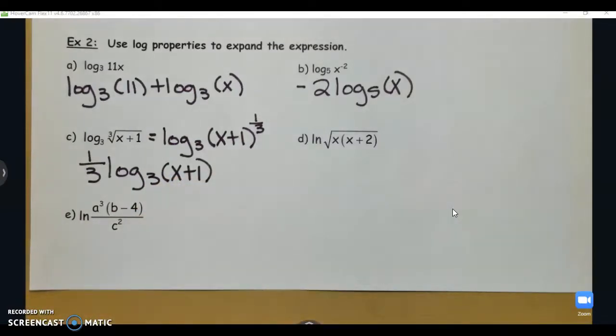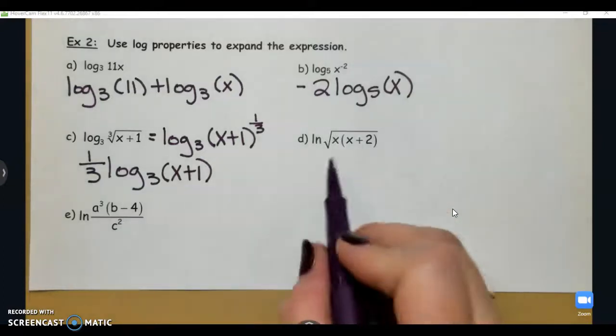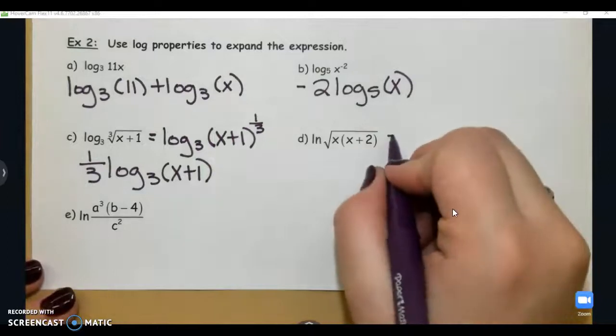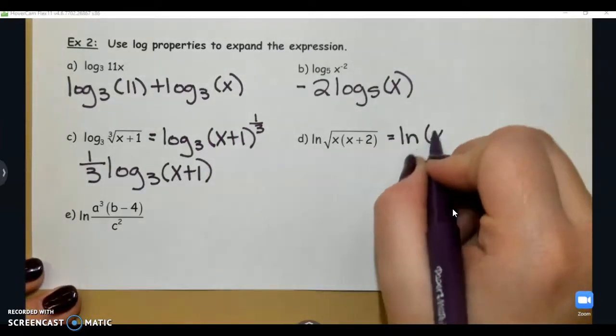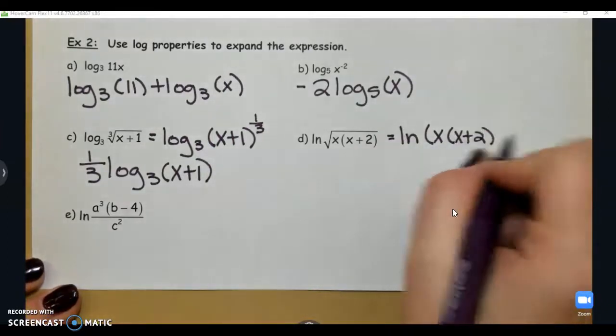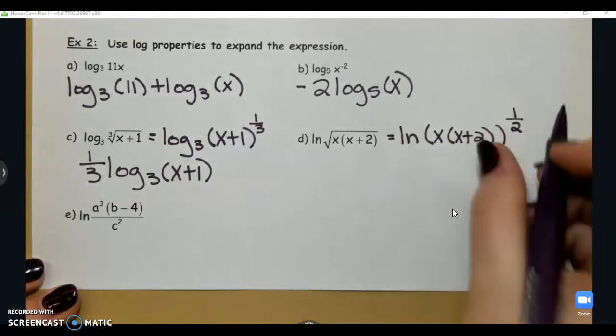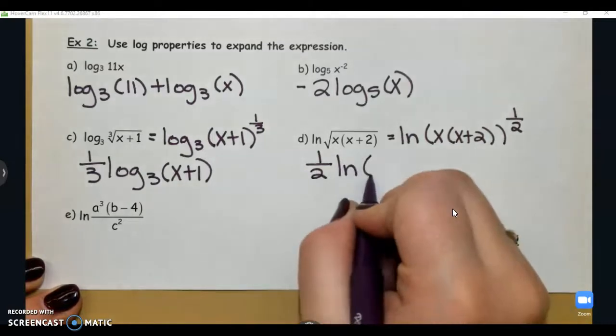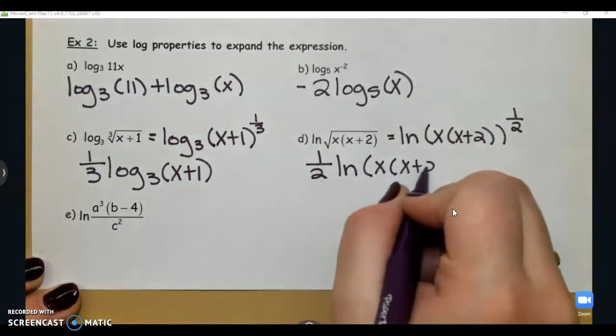On to D, I'm going to take a similar approach with taking care of the square root that's on the very outside of everything. So I'm going to take natural log of x times x plus 2 to the 1/2 power, and I'm going to bring this 1/2 in front. So 1/2 times natural log of x times x plus 2.